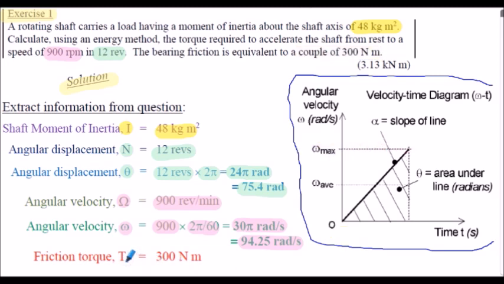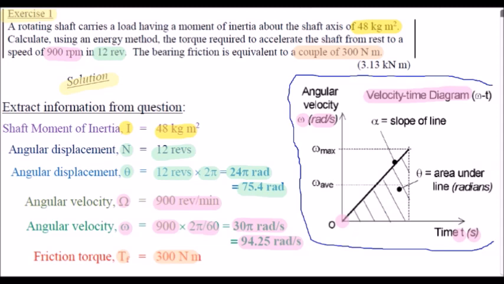And the friction torque or friction couple stated in the question is 300 Newton meters. On the right hand side I've sketched the velocity time diagram. That's omega against t, omega in radians per second, t in seconds. We're informed in the question that the shaft accelerates from rest, so stationary initially, with a torque applied.